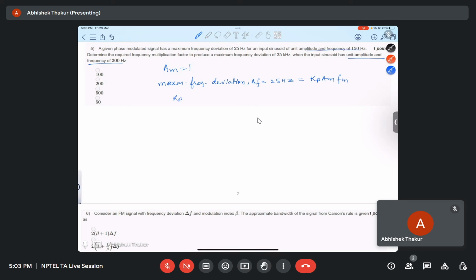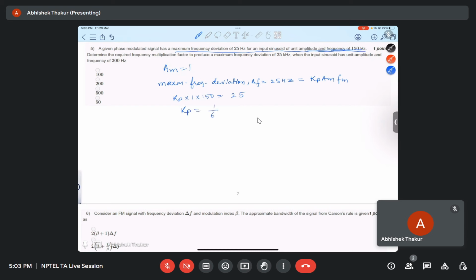Now kp into 1 into 150 is equal to 25, because it is given the maximum frequency deviation of 25 Hz for the input sinusoid of unit amplitude and frequency fm equal to 150 Hz. So we find kp. Kp is 1 by 6.